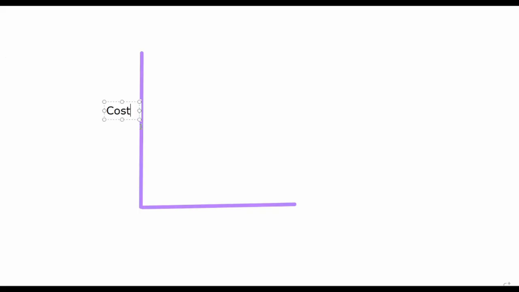Okay, and this entire line here would be representative of where our value is in terms of our land. Okay, this bottom line here is representative of time.